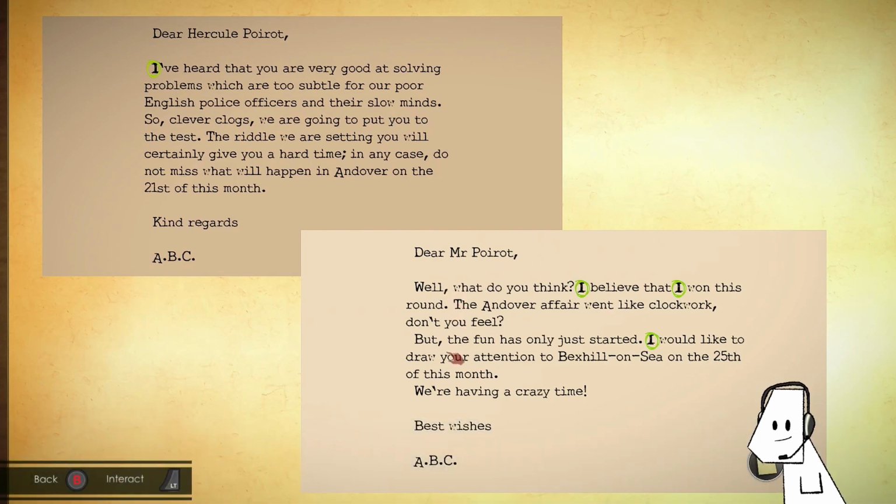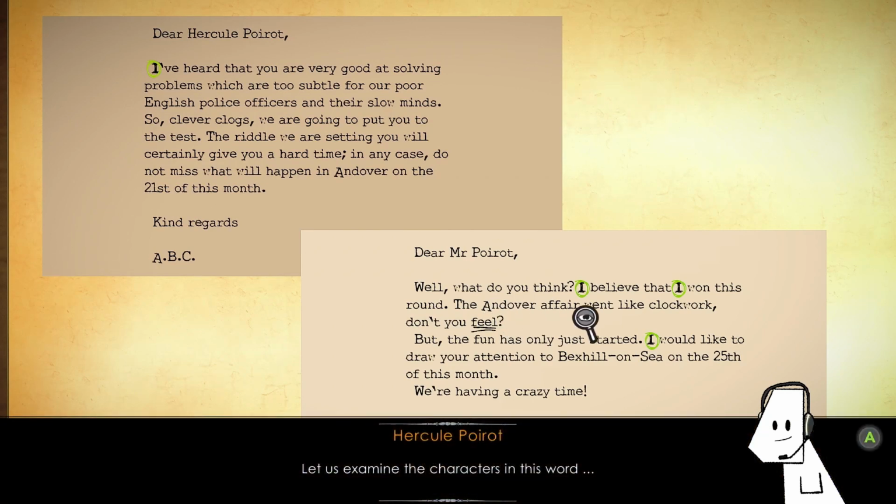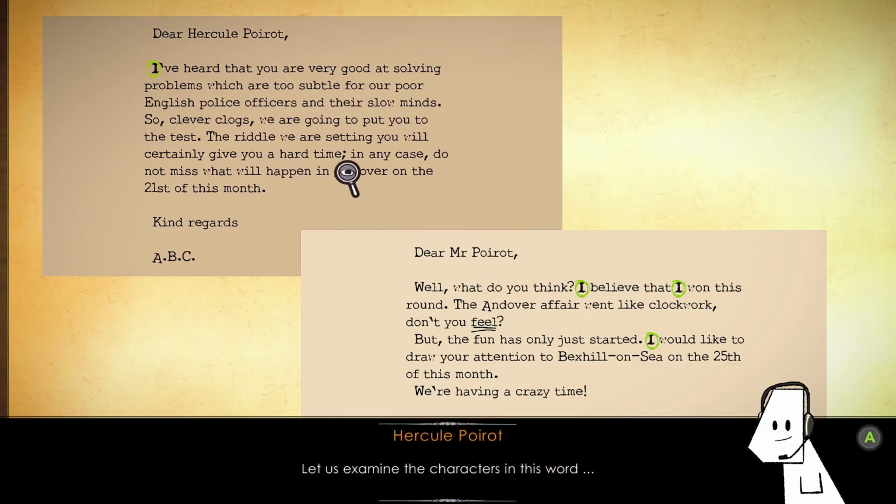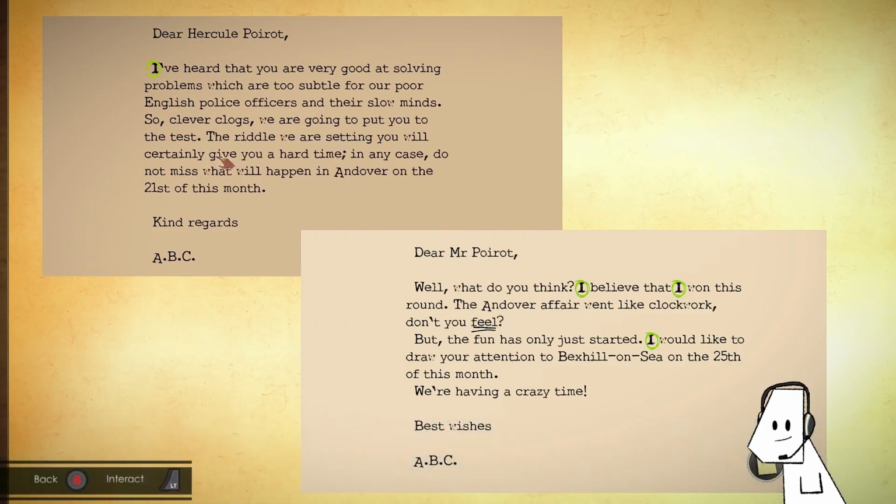Okay. What about A? The A is kind of weird. Let us examine the characters in this word. Feel? Is there feel in... I don't think that means anything.